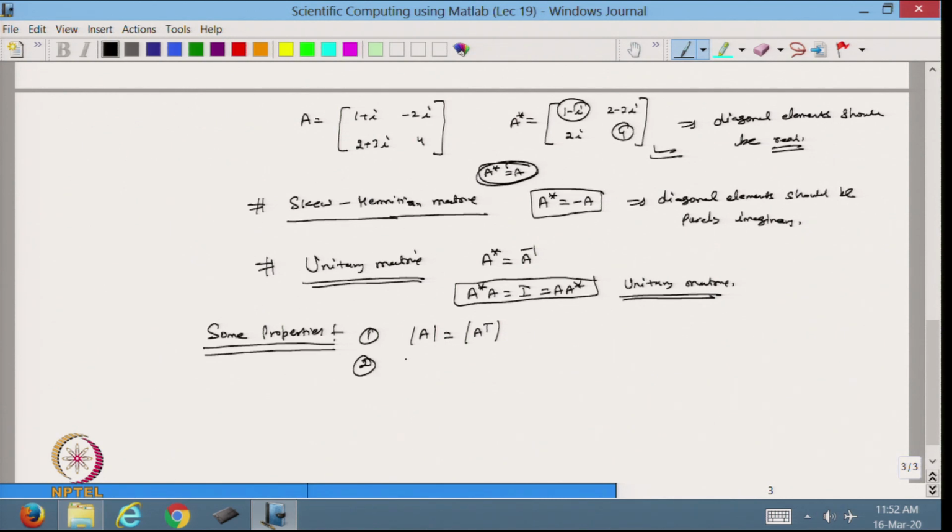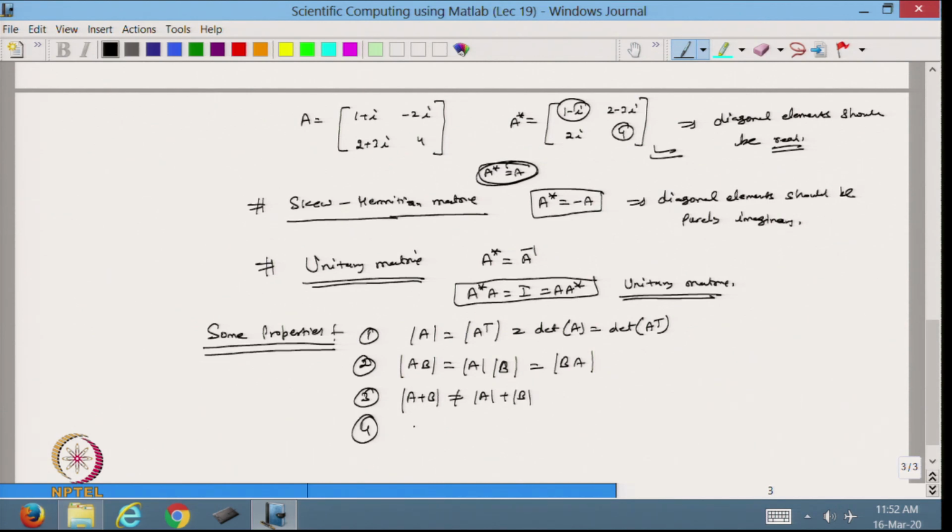The second one is that if I have multiplied two matrices and I am finding the determinant, so this is the determinant of AB, which is same as determinant of A times determinant of B. Third one is that determinant of A plus B is not equal to the sum of the determinants.